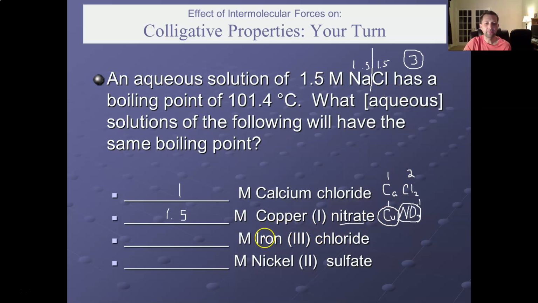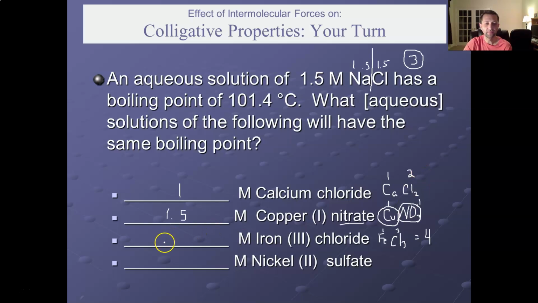Okay. Iron 3 chloride is FeCl3. So hopefully you're getting the hang of this by now. How many dissolved particles do you have here? You have 1 from iron and 3 from chloride. That gives you 4 dissolved particles total, right? So 4 times what is going to give you 3 dissolved particles?